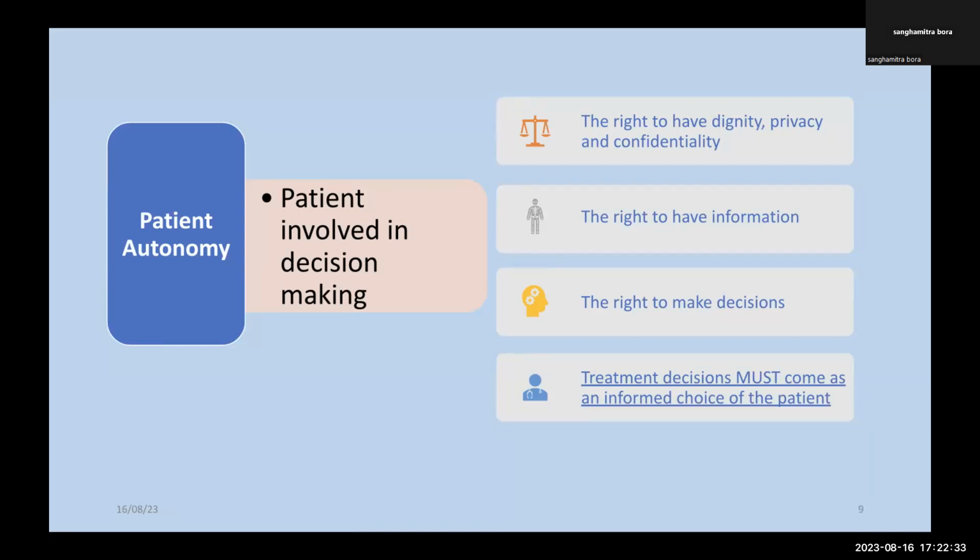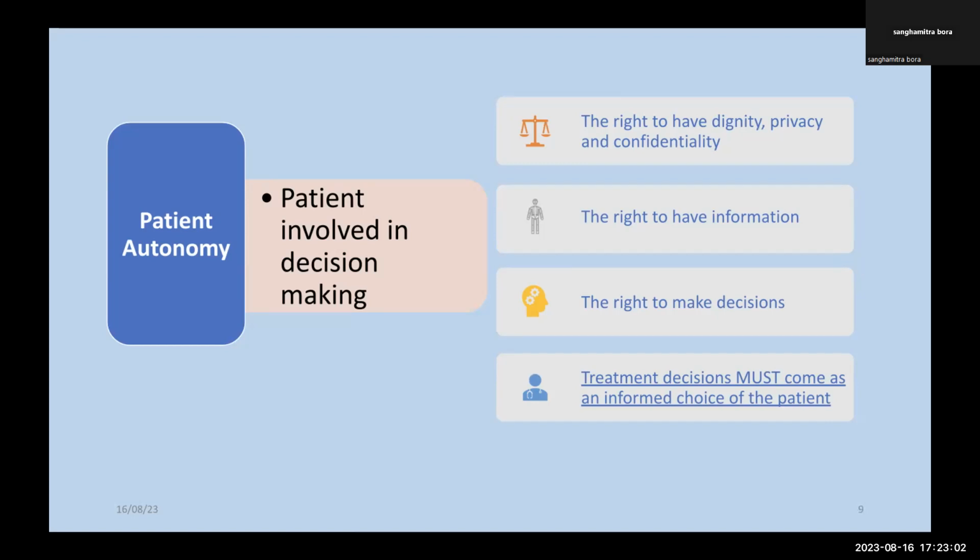And last but not the least, the treatment decision must come as an informed choice of the patient. We just cannot say you need a Ryle's tube, I'm going to put on a Ryle's tube, if you don't get it, then you're done. That is not the right way.